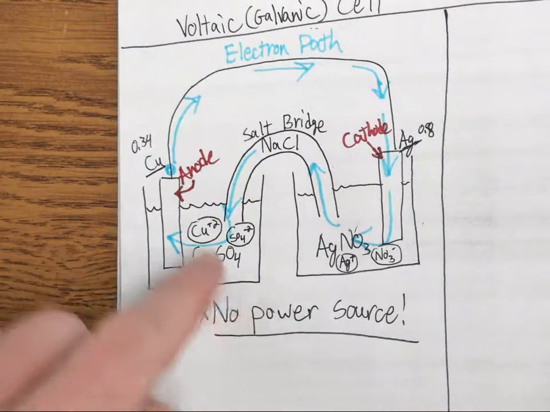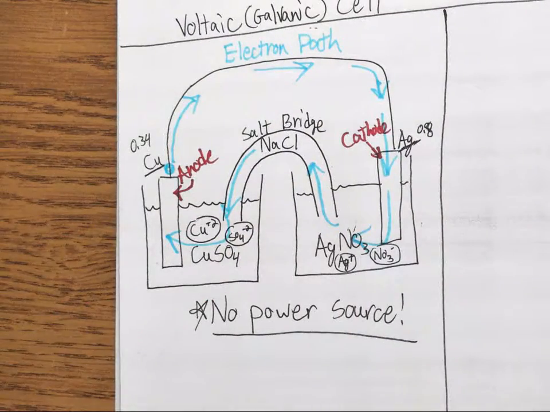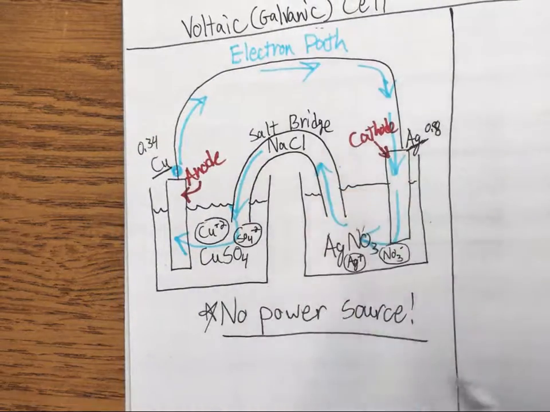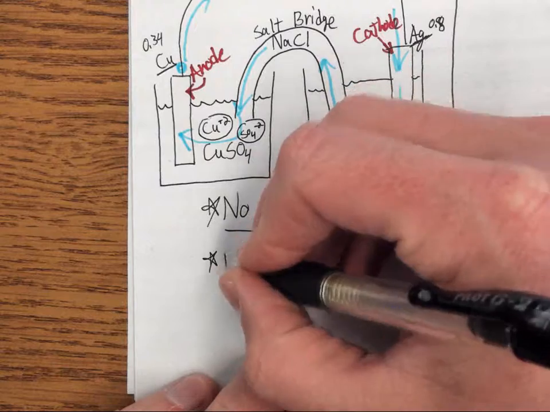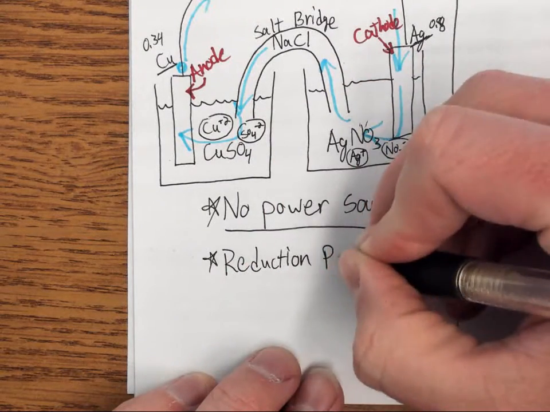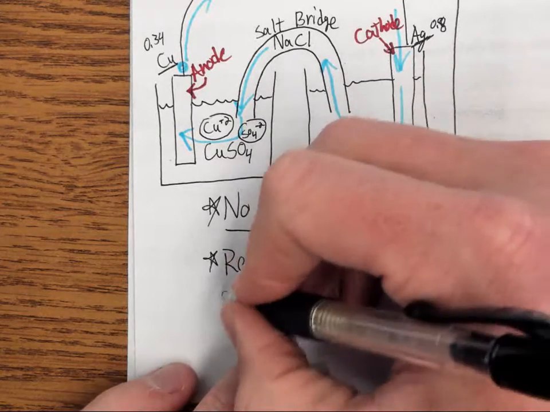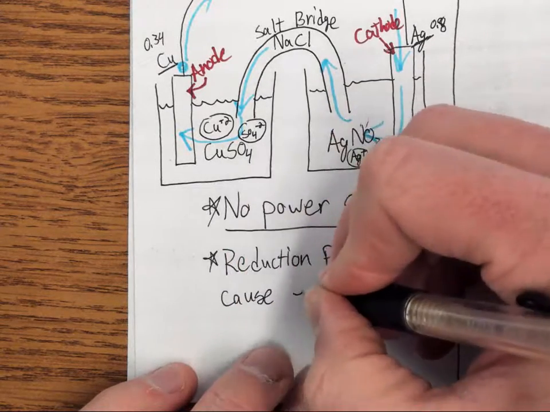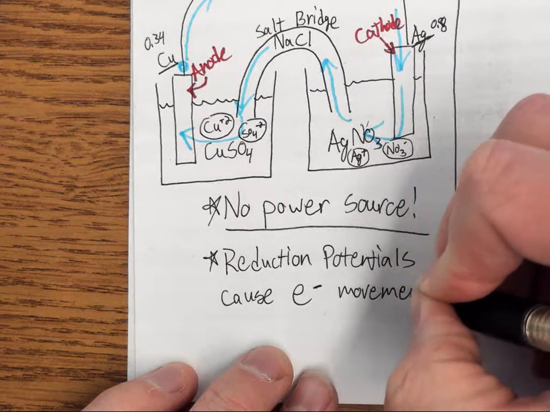Now what causes this to move this way? What causes it to go that direction? Our reduction potentials. So down here, let's put reduction potentials cause electron movement.